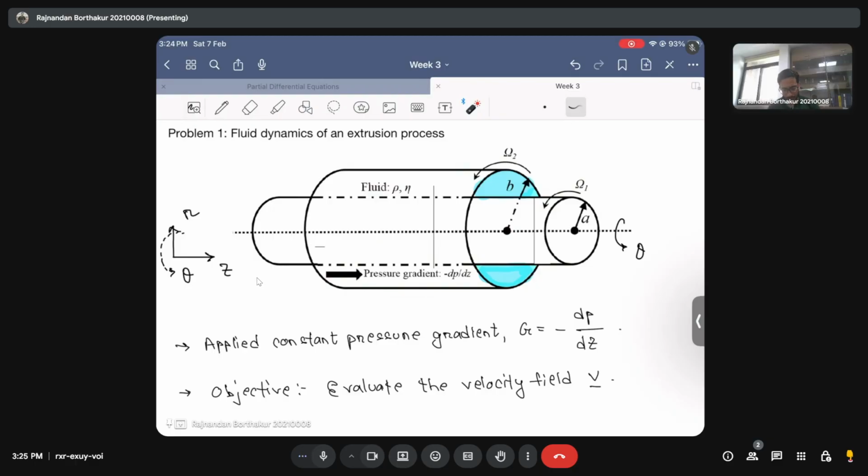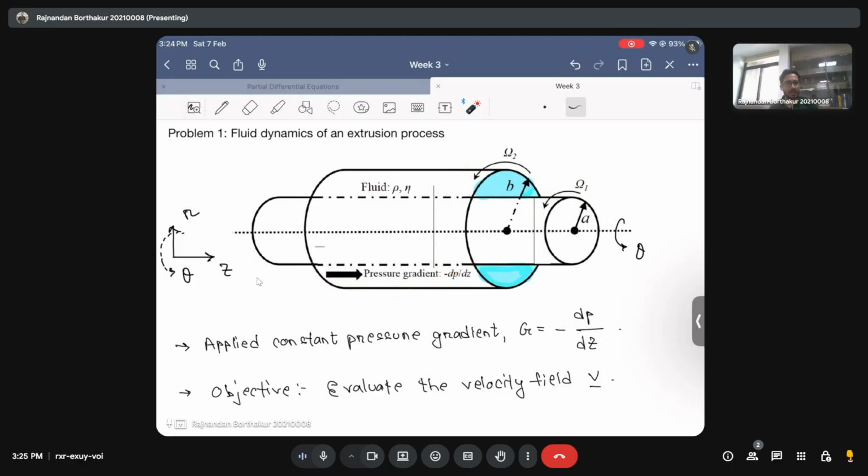So as you can understand, there are now two motions: one, the rotation of the cylinders, and second, you also need to move the fluid axially outward, because of which you apply a pressure gradient in the z direction.